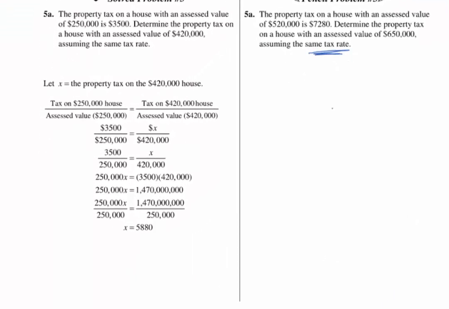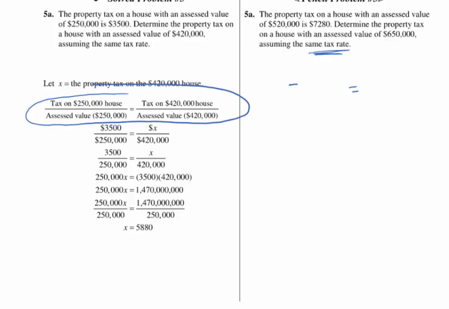Because the rates are the same, we can set up a proportion where one rate equals the other rate. So we have first the tax on the first house, and I'm actually using the same format from 5a.